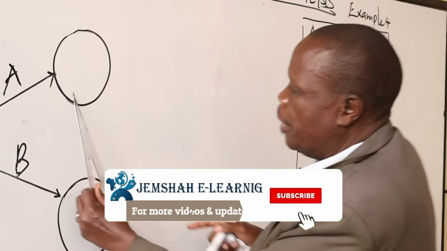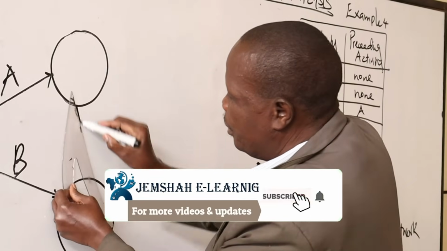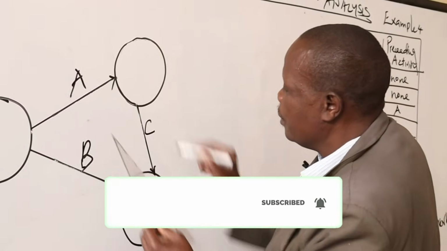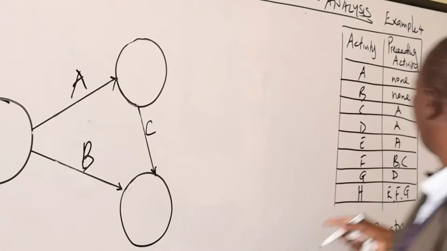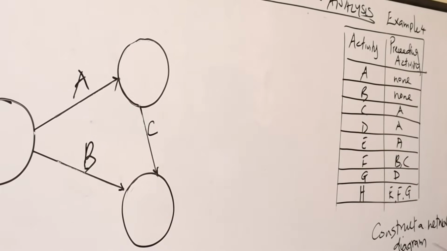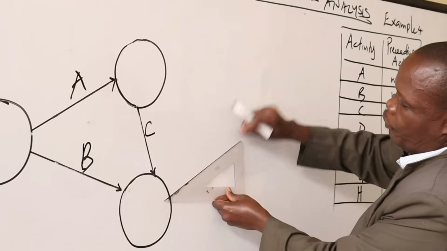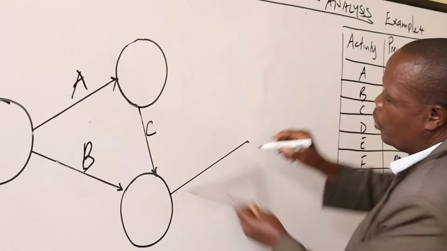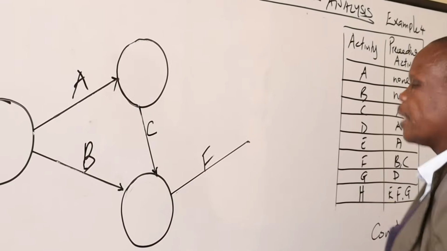So from A comes C, which converges with B to give rise to F. This is F. It's giving rise to F.